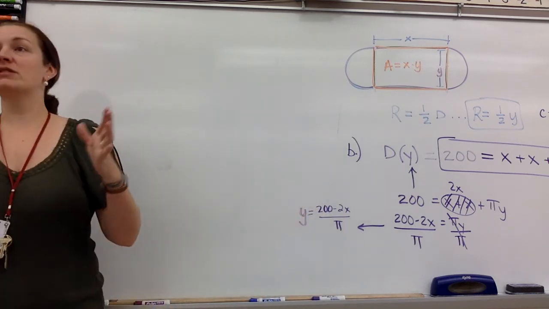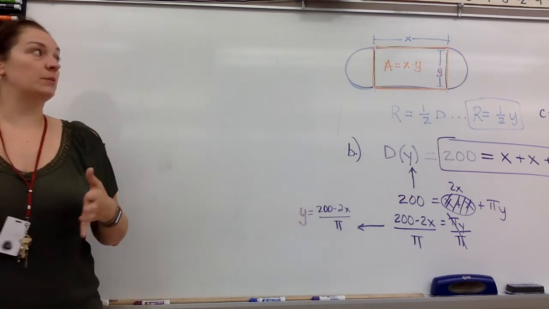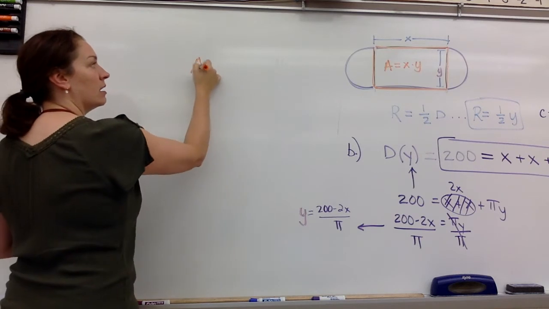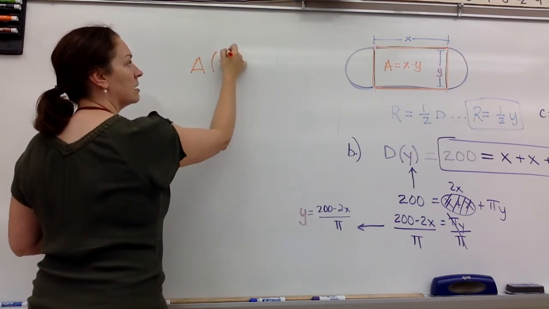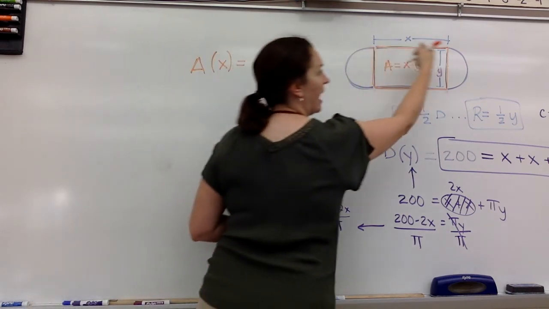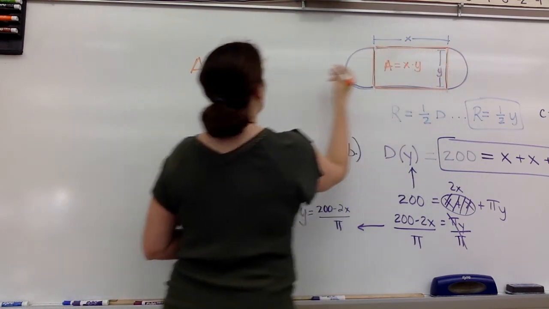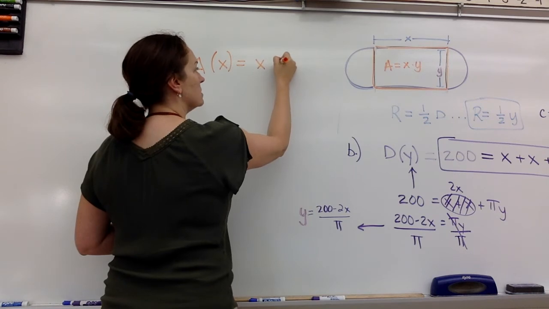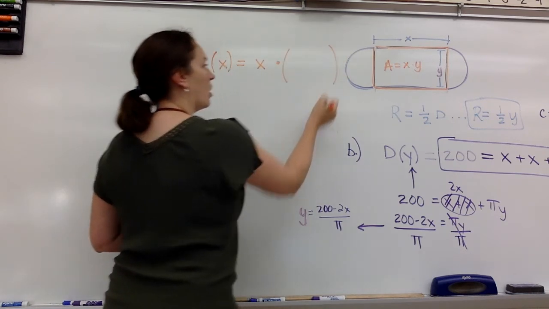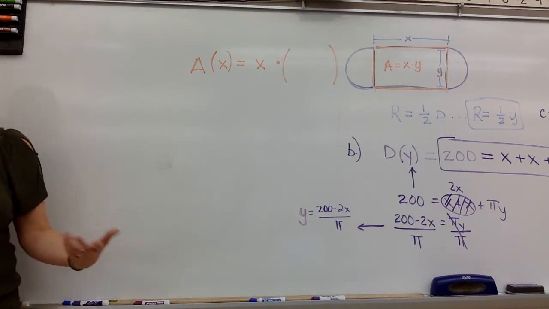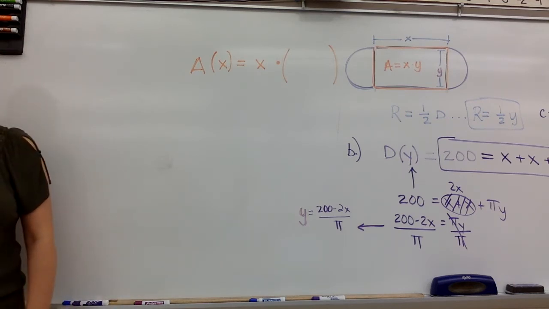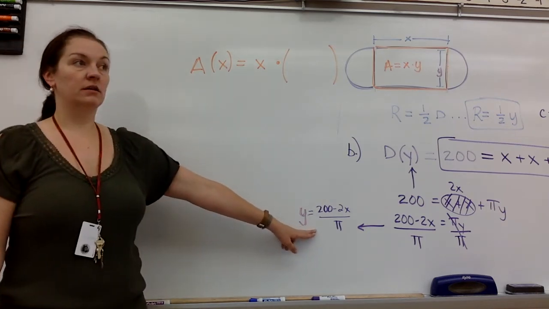Okay, so now this is where our function notation comes back into play. Area in terms of x is going to equal the x value that's already there times what is another definition of y that does not use the letter y. We found it earlier. This ugly thing down here, right?